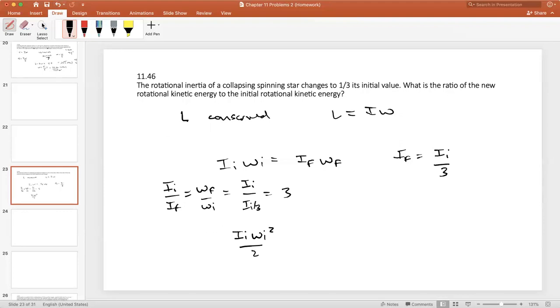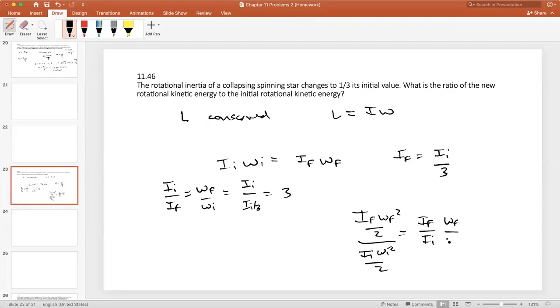So let me actually back up for a minute. We want the ratio. So we want I final omega final squared over 2 divided by I initial omega initial squared over 2, okay? This is equal to I final over I initial, the 2's cancel, and then omega final over omega initial squared.